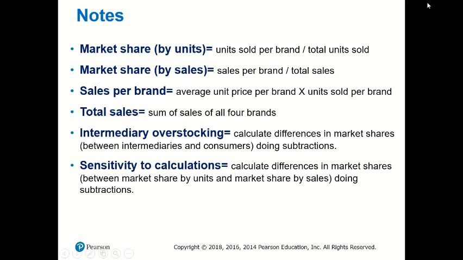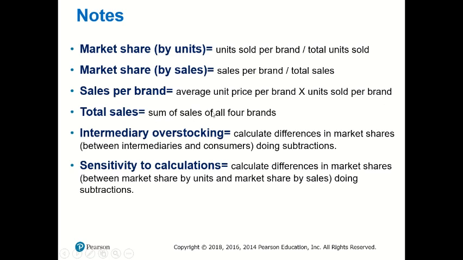These are the formulas for market share by units, which is units sold per brand divided by units sold in total. Market share by sales: for that you divide sales per brand by total sales. How do you get the sales per brand? Well, this is the average unit price of the brand times the units sold per brand.